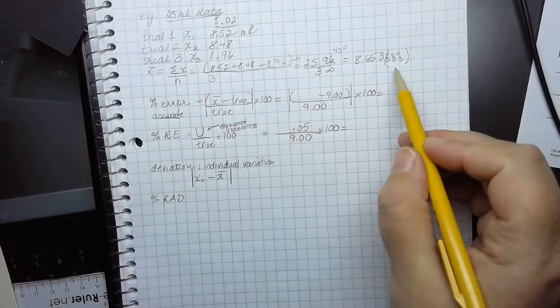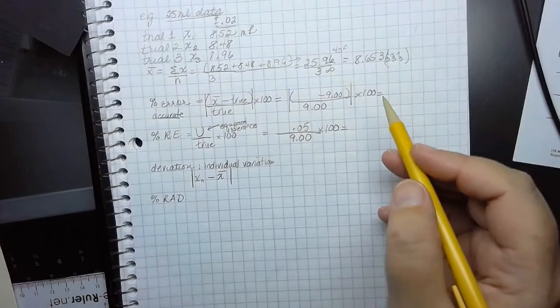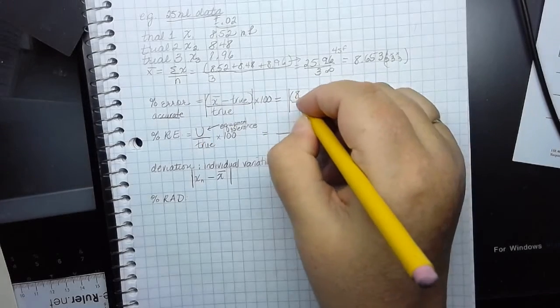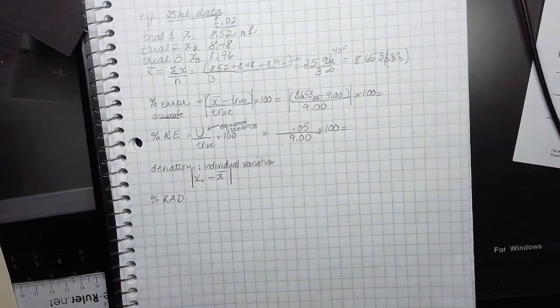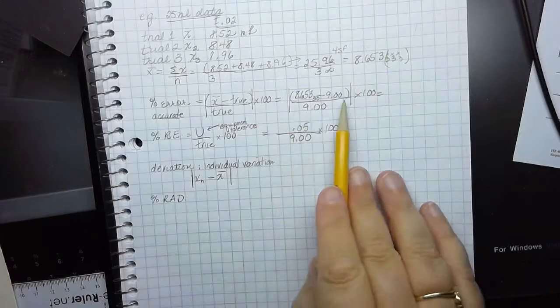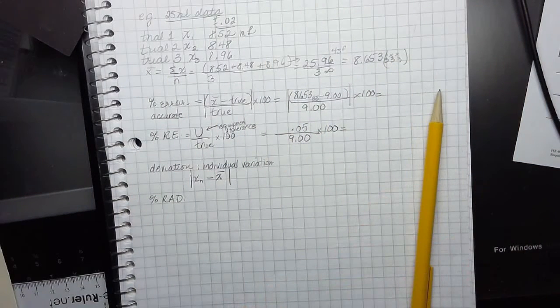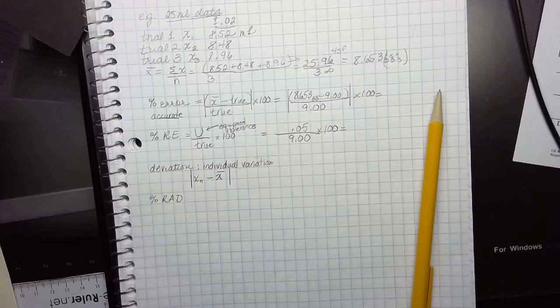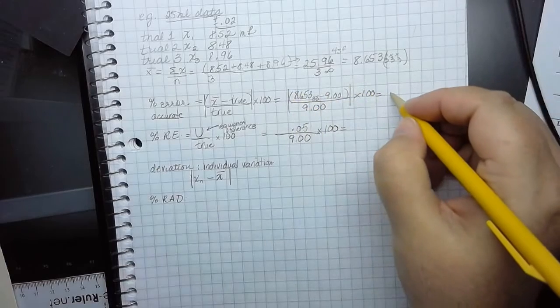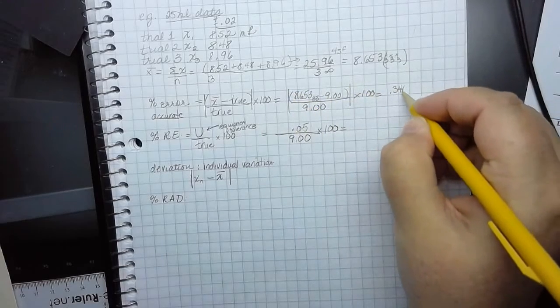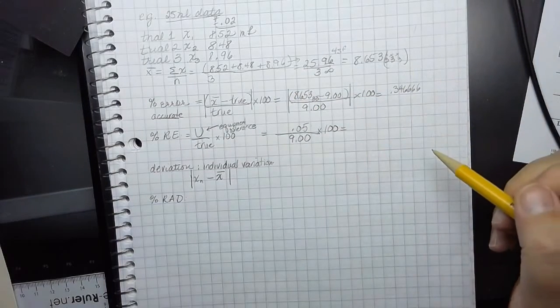Now that we know our average, we can set that up and calculate our percent error. Our average was 8.653 sub 33. Carry a couple extra. 2 extra sig figs without rounding is plenty and won't introduce extra error into our calculation. So I'm taking 8.6533, I'm going to subtract 9.00, and I get an absolute value of 0.346666 whatever.